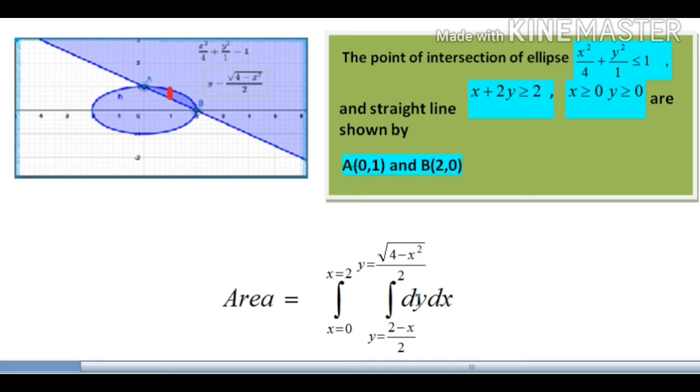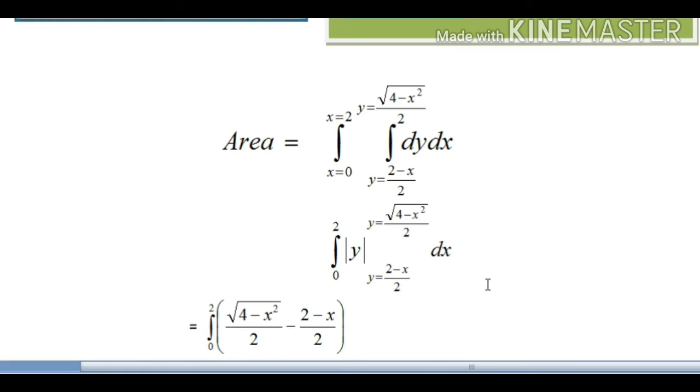Once you have found the limits for y, the limits of x you can find from A to B. At A, x is 0 and at B, x is 2. So the lower limit is x equal to 0 and the upper limit is x equal to 2, because this strip moves from A to B, right?